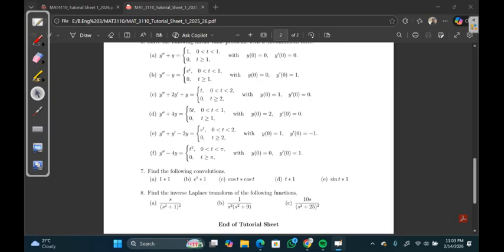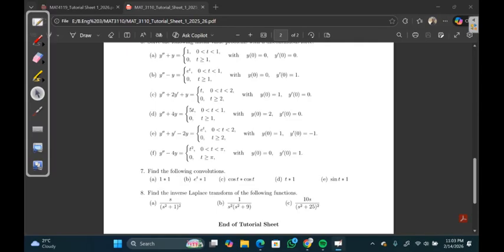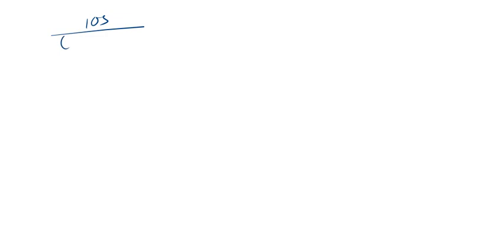Okay, let me use C. What is it? We have 10s divided by s squared plus 25 all squared, like this.